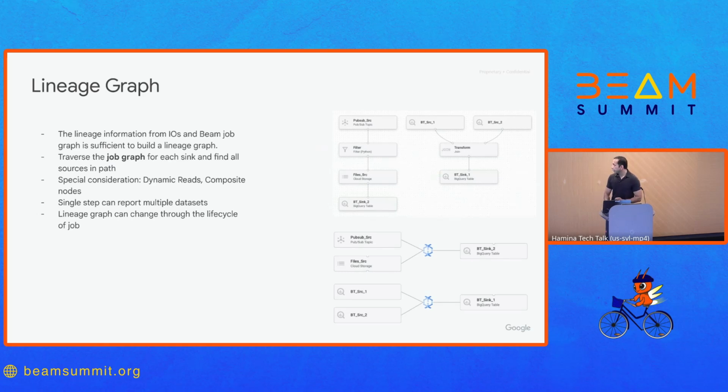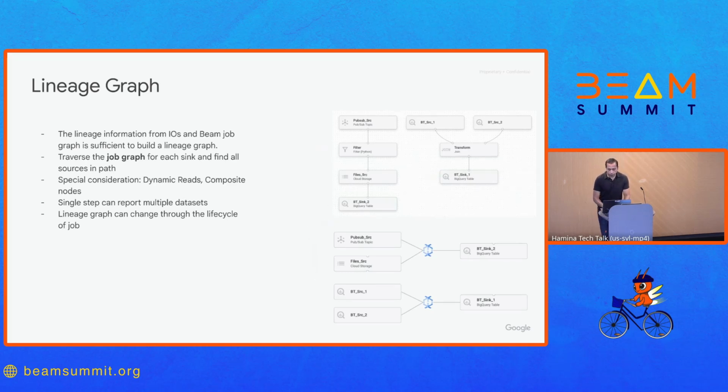Here we have a dynamic read where the file source is in the middle of the job graph, but the lineage graph should also show that it was actually accessed and read from to create this sink. So once we have all this information from the job, the sources and sinks it's reading and writing, we actually need to build this lineage graph, which we are showing up here.